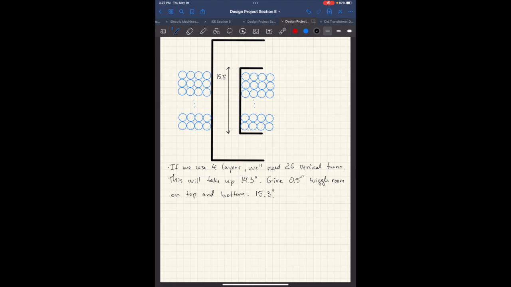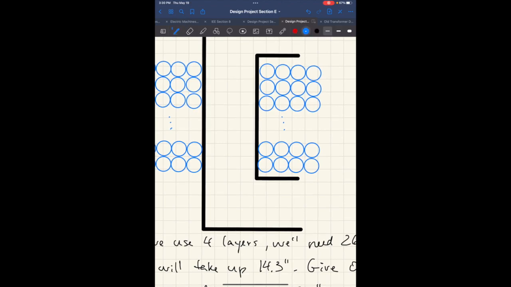Now, let me do this first. This blue arrow is going to represent the height of the low side turns.